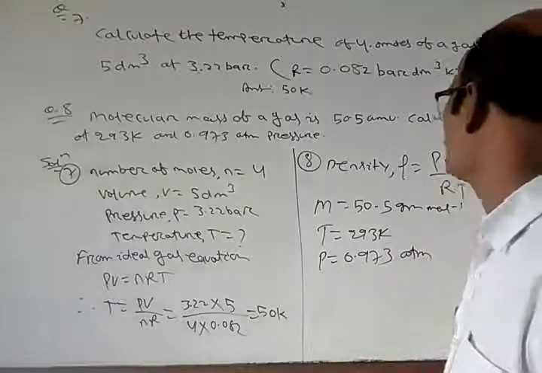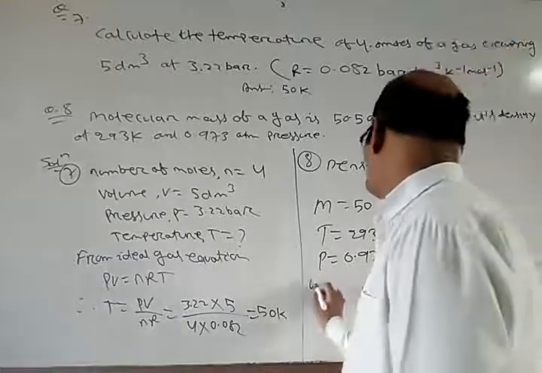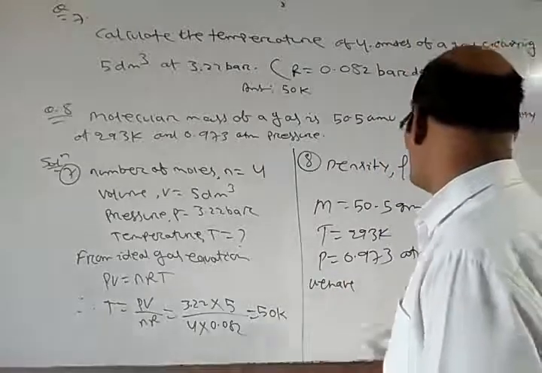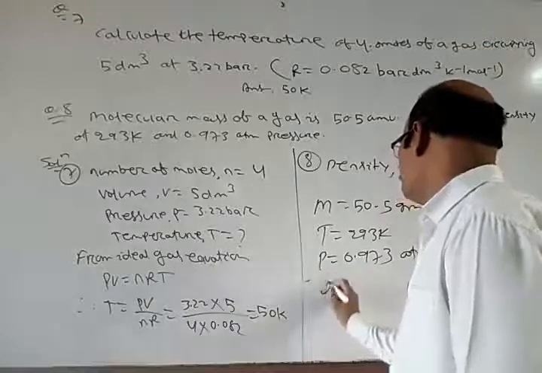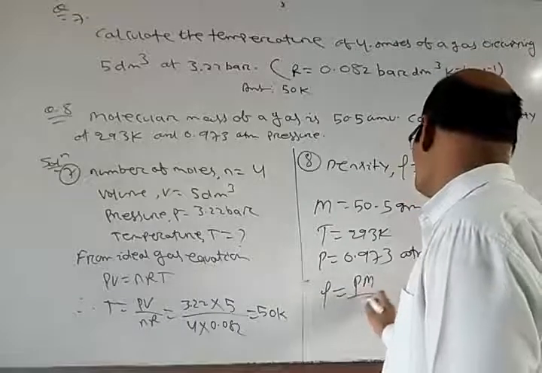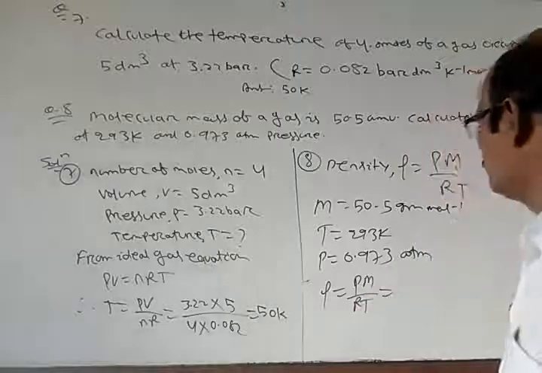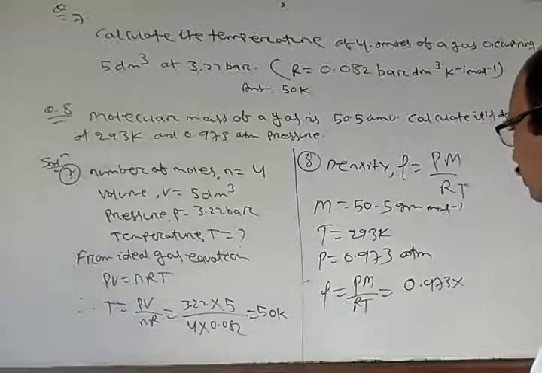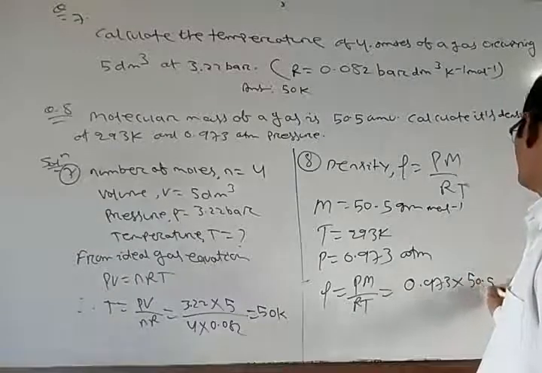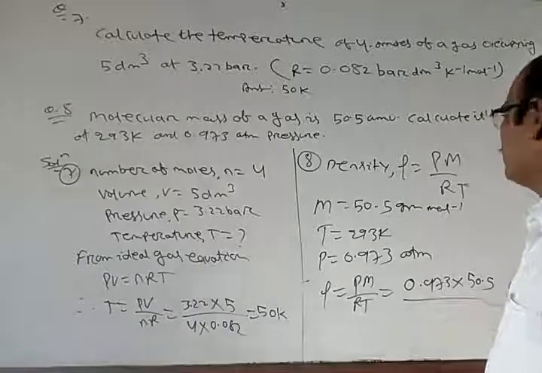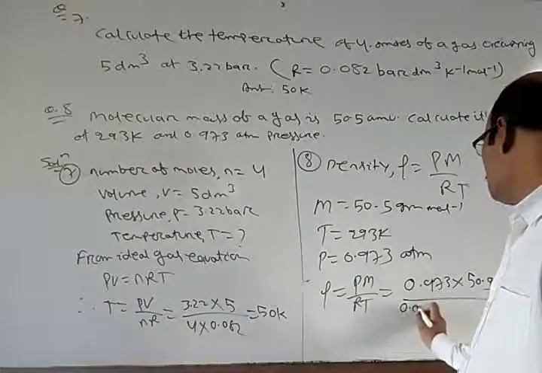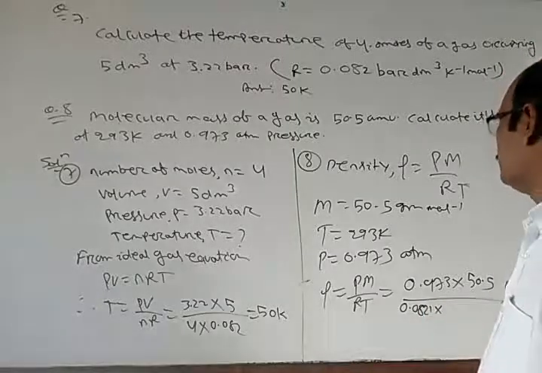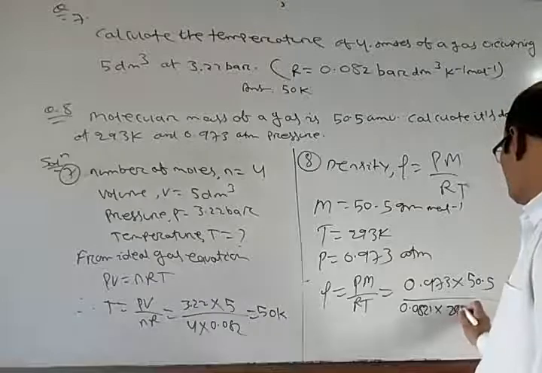Okay, so we have rho equal to PM by RT. P equal 0.973, M equal to 50.50, R is 0.0821 liter atmosphere per Kelvin per mole, and T is 293 Kelvin.